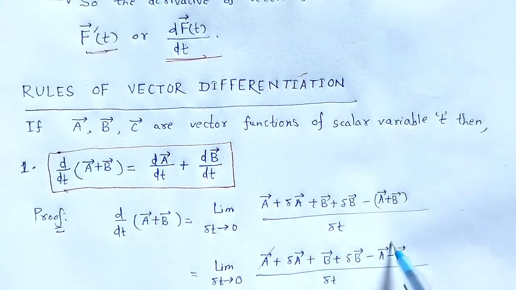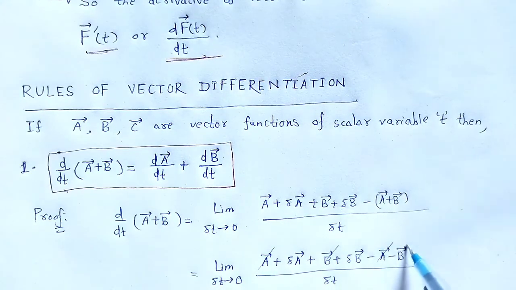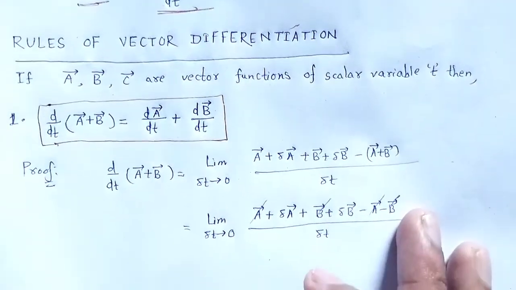A vector minus a vector, b vector minus b vector cancel out.